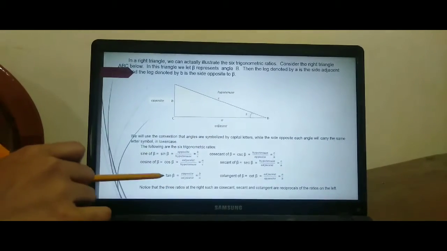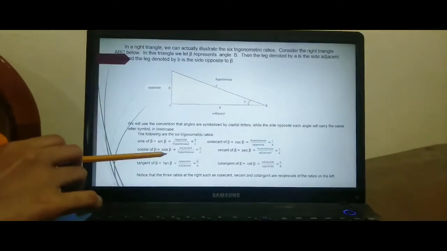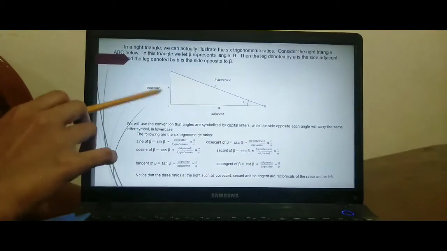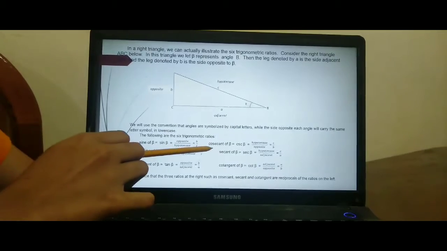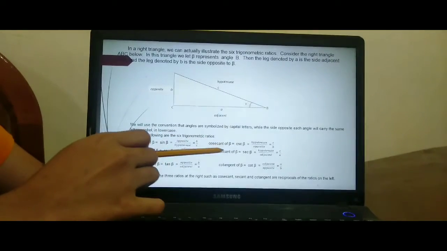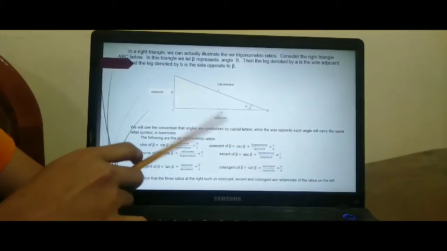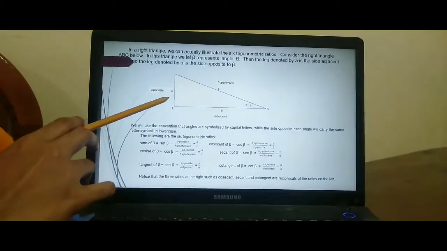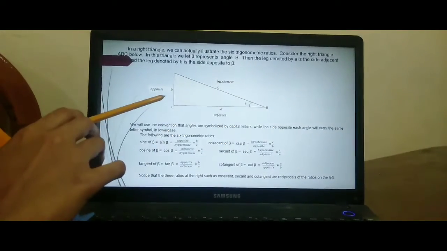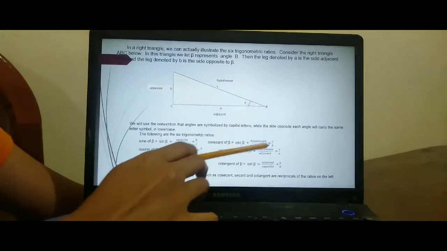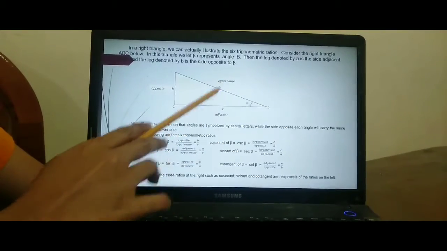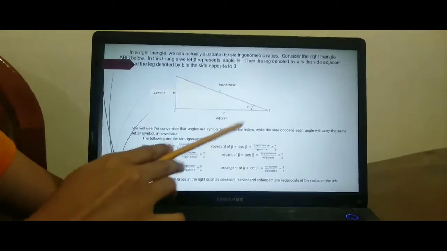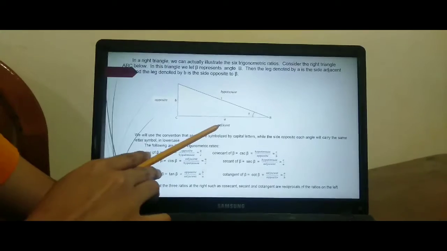Next is tangent of theta, opposite over adjacent. Next is cosecant of theta, hypotenuse over opposite, that is c over b. Then secant of theta is hypotenuse over adjacent, and cotangent of theta is adjacent over opposite.